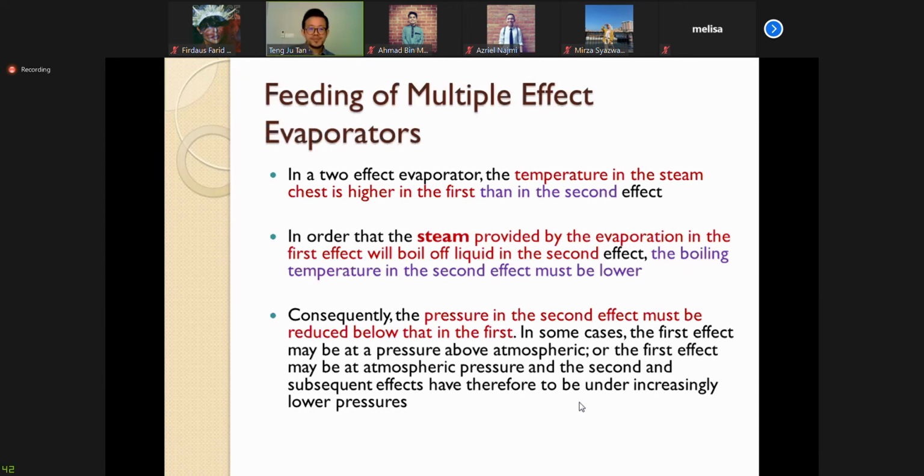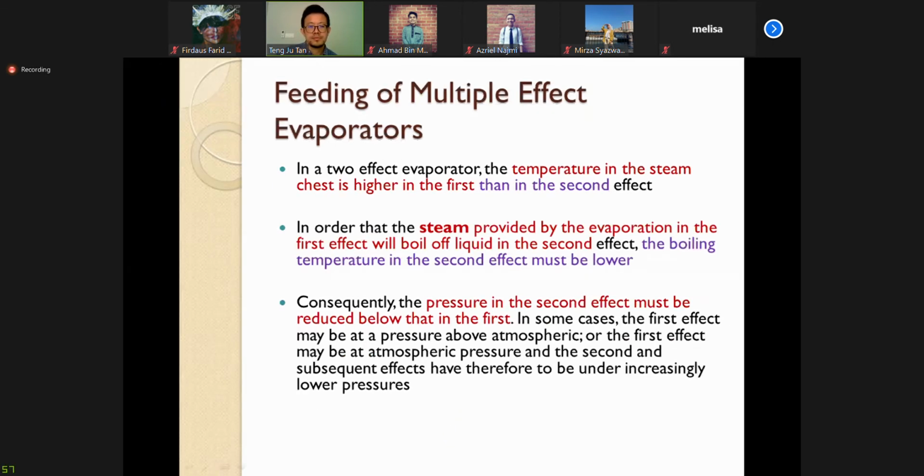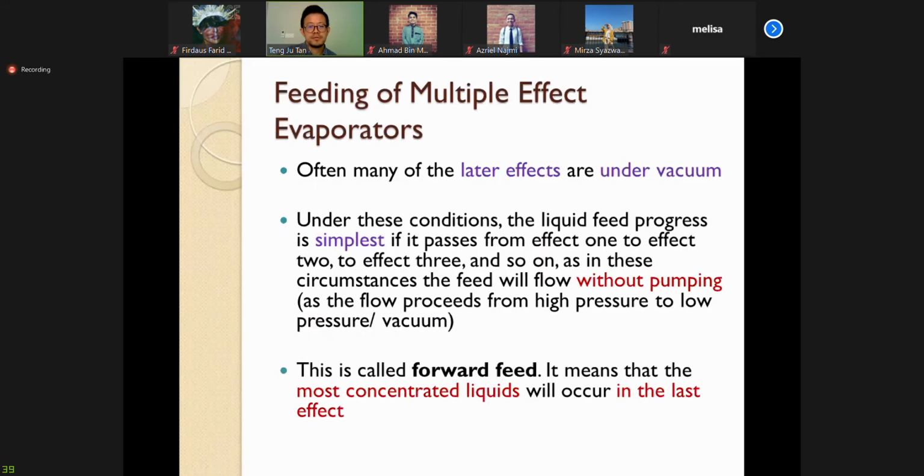Okay. So often many of the latter effects are under vacuum. The last part is under vacuum.